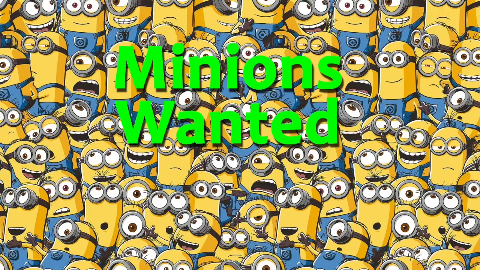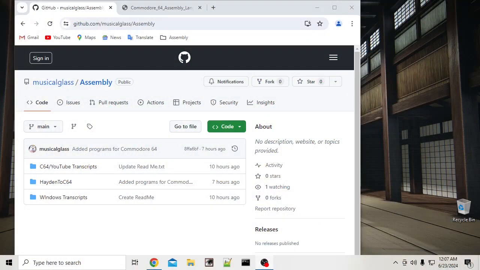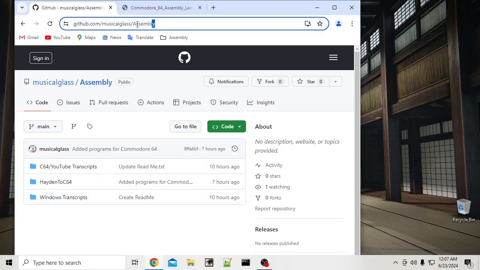But for those who wanted to delve deeper into the Commodore 64, I did have some on my GitHub. I went ahead, GitHub Musical Glass, in the assembly folder here, Hayden to C64.